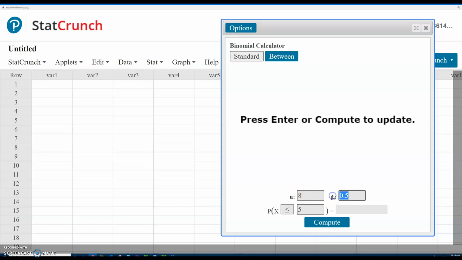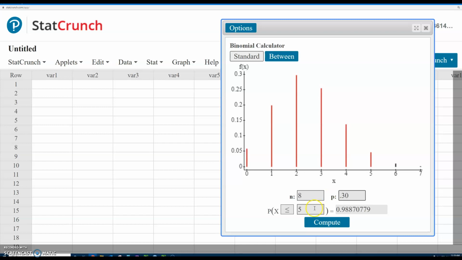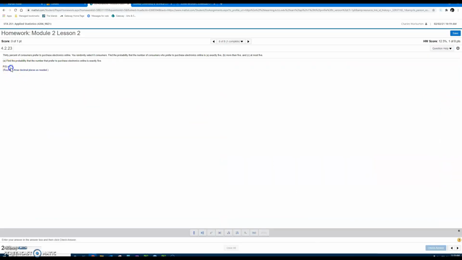The probability of success was 30%, prefer to buy online, and they want to know the probability that it equals 5, and that gives you the corresponding probability there. I can copy it and paste it in. They want you to round to 3 decimal places, so that 6 is going to round up to a 7.